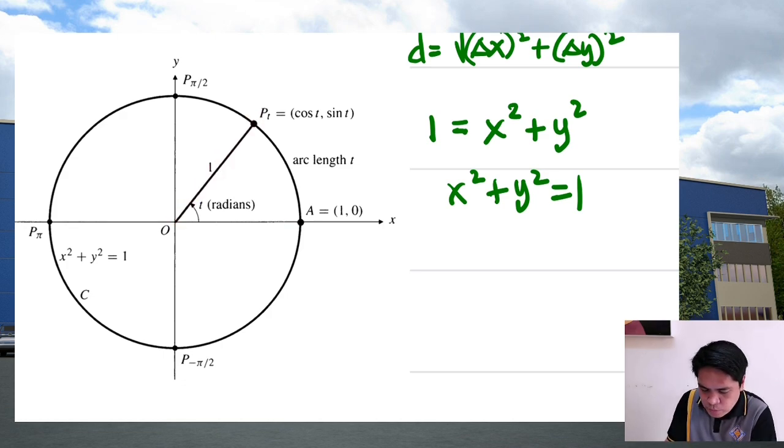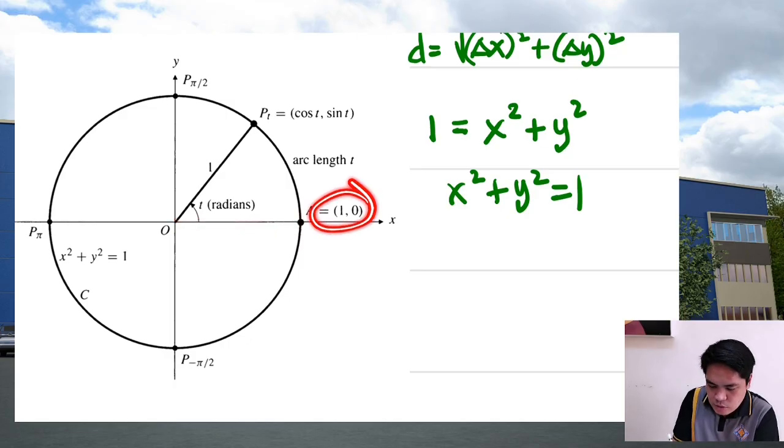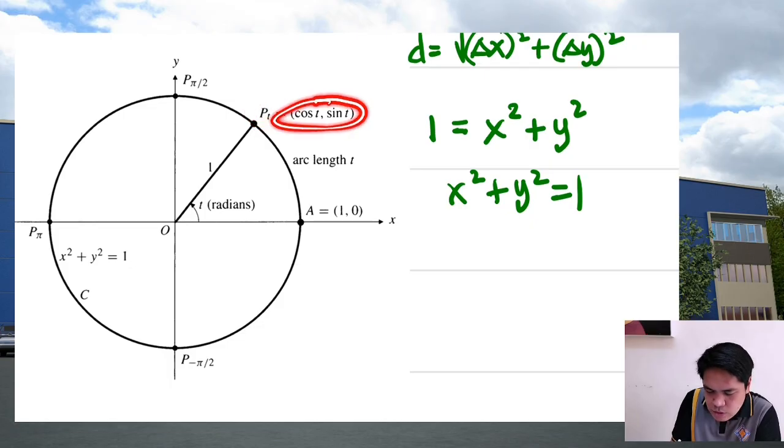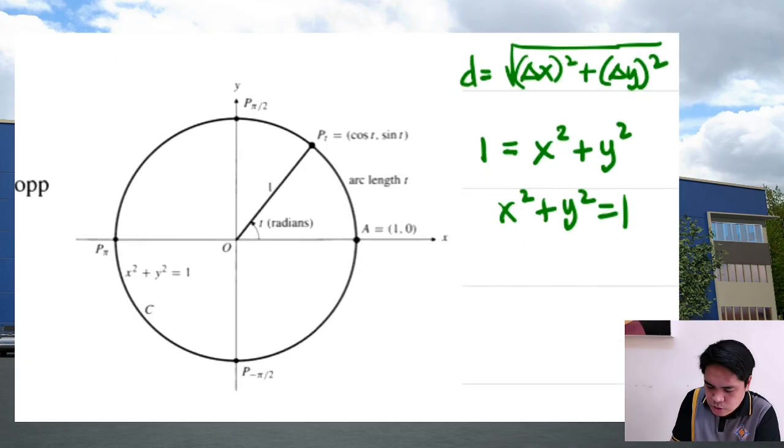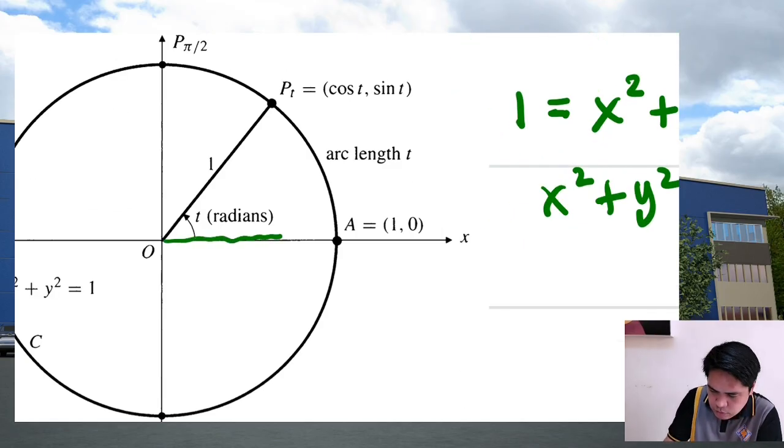Now, in terms of coordinates, if we call this point A, it has coordinates 1 and 0. And how about P sub t? Its coordinates come from this ratio. Remember that this is x and this is y.